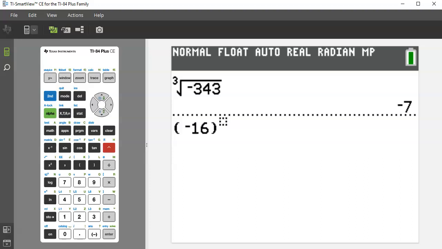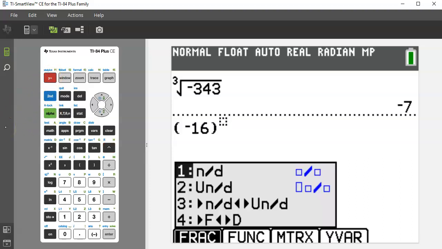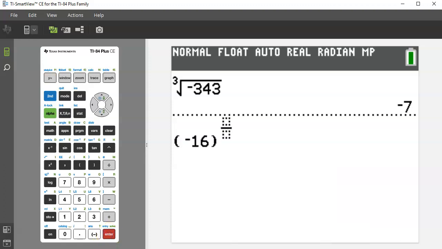Yep, now you're right back where I'm at. How do I put in a fraction? Alpha y equals. There's your fraction buttons. Hit enter for the first guy, and now we can put in our negative 1/4. Good? And we hit enter.